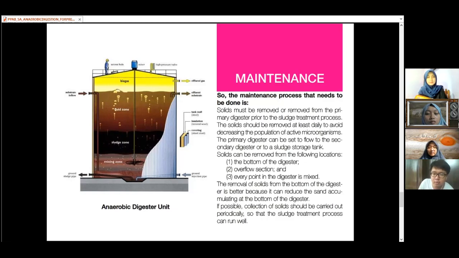Then the solids can be removed from the following locations. First, the bottom of the digester, and second, the overflow section, and every point in the digester that is mixed. The removal of solids from the bottom of the digester is better because it can reduce sand accumulating at the bottom of the digester. If possible, collection of solids should be carried out periodically so that the sludge treatment process can run well.